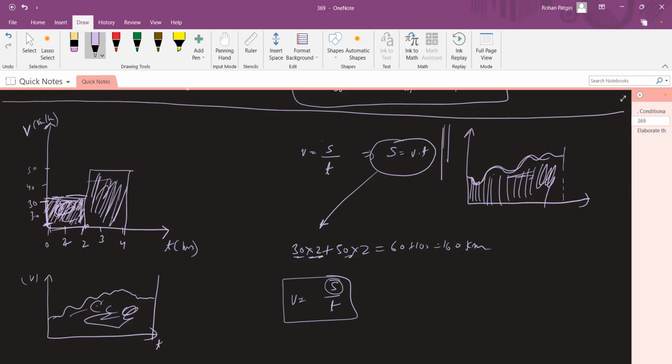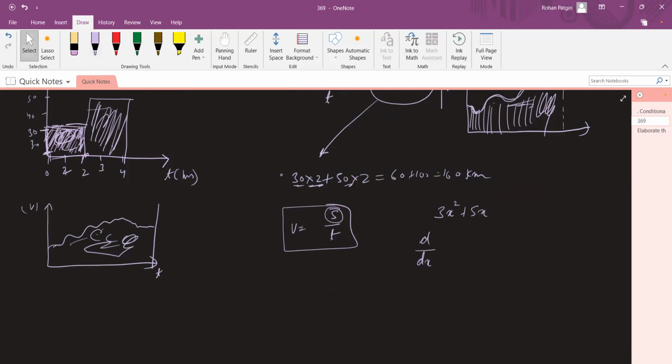Even if you just look at the formula, suppose we are given 3x squared plus 5x, and I ask for the differentiation of this. What is the answer? I think we might remember, it is 6x plus 5. Yes.